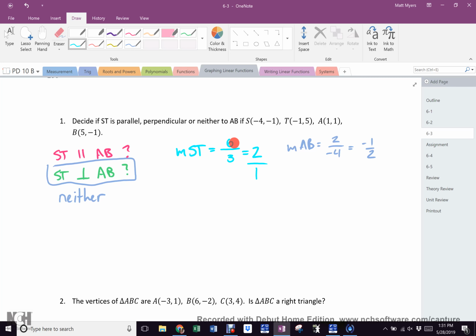Could I go x1, y1, x2, y2, and then make this guy x2, y2, and this guy x1, y1? Would I still get the same answer? Yes or no? Yes. Talk amongst yourselves.